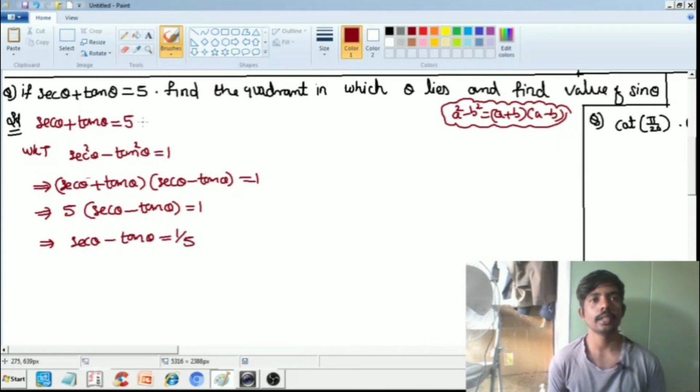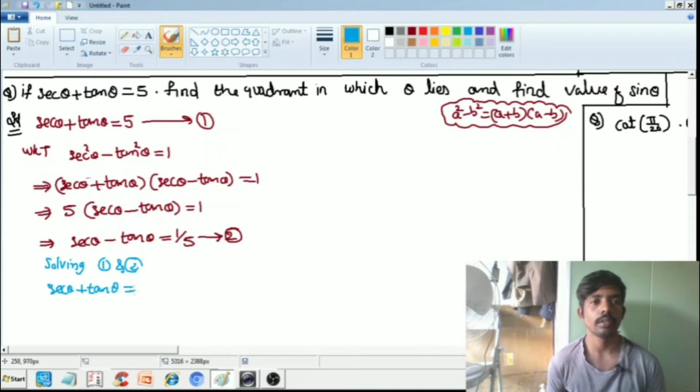Let us call this equation 1 and this equation 2. Solving equations 1 and 2: secant theta plus tan theta is equal to 5, secant theta minus tan theta is equal to 1 by 5.